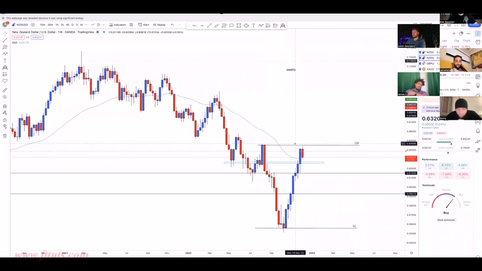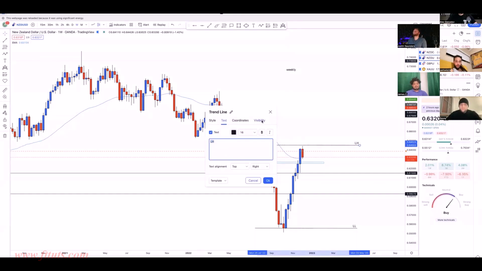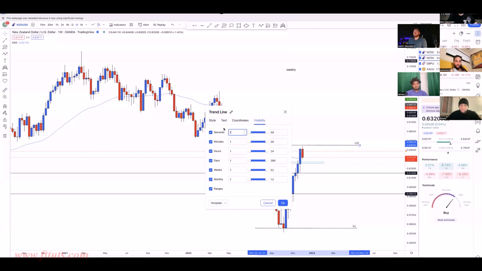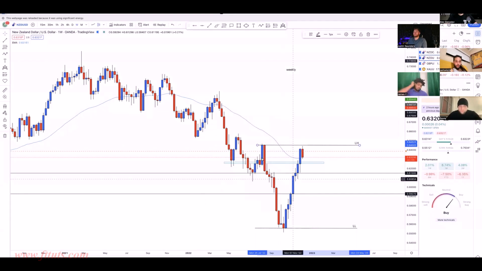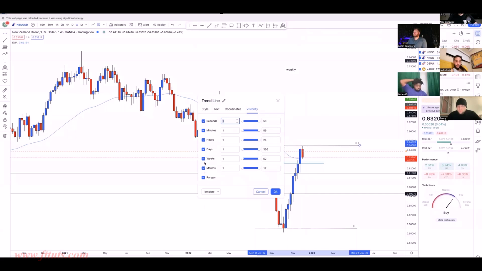What I highly recommend every single one of you guys to do is to get your chart, get your lines, and then go to visibility and leave this line only available on the weekly. So you can take it off the minute, hour, all of those time frames, and leave your lower high and lower low, after you already identified it, only available on that time frame.